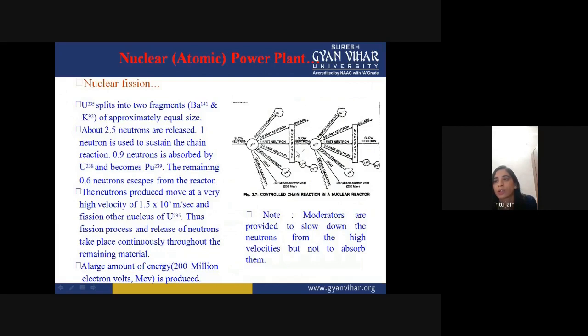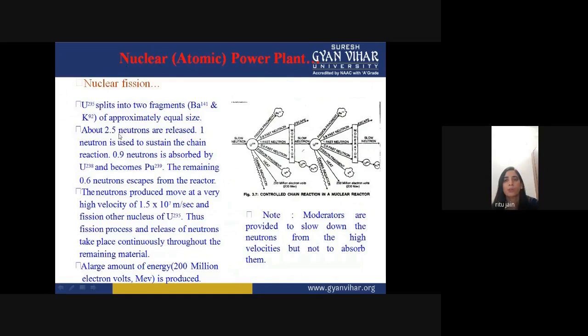Then there is the moderator, which increases the reaction, as this slow neutron again collides with uranium and releases more energy. Uranium 235 splits into two fragments, Ba141 and Kr92, which are approximately equal in size.